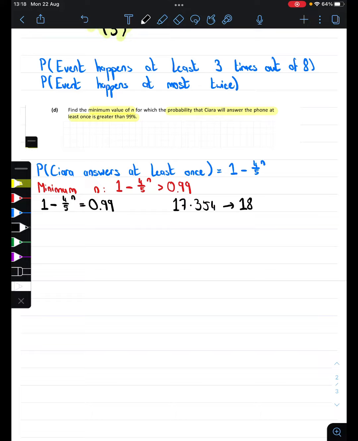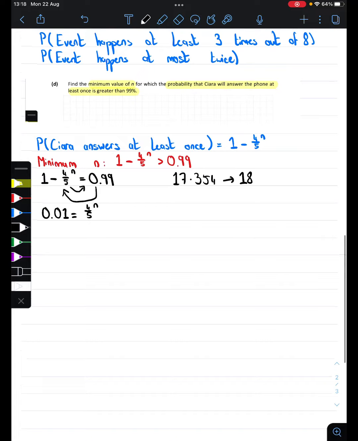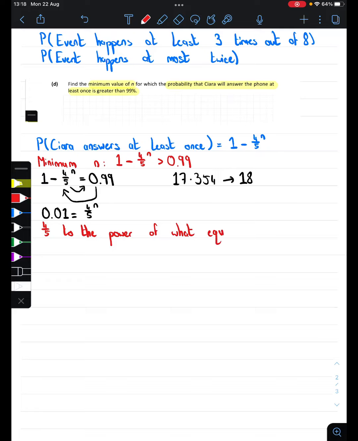So if we try and solve this, then we bring over this here and then bring this over here, and we get 0.01 equals 4/5 to the power of n. And now this equation is the question: 4/5 to the power of what is equal to 0.01?